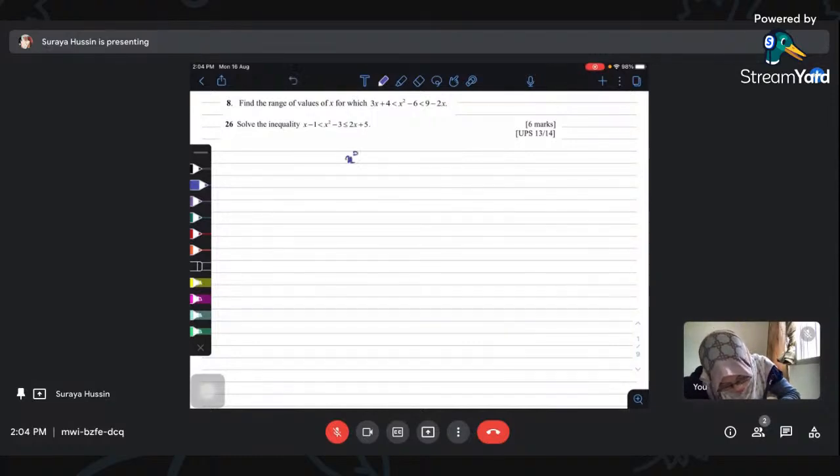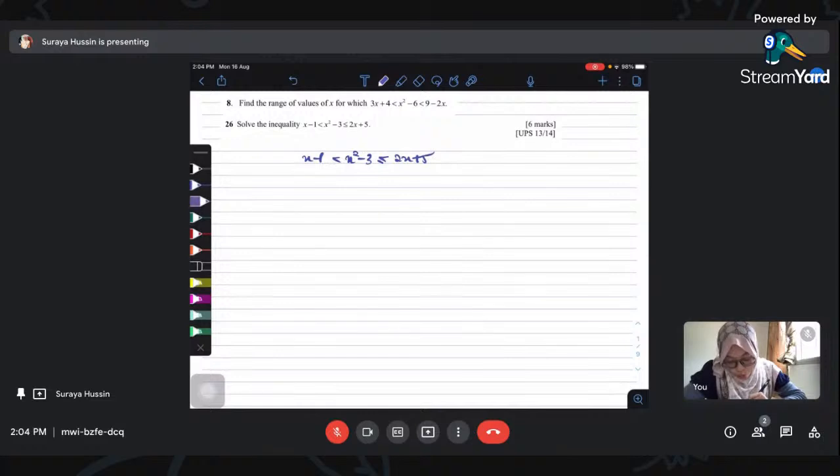Saya salin dulu soalan dia ya. Okay, soalan berbentuk begini sebenarnya banyak terdapat di dalam subtopik yang ketiga, 2.3 absolute value. Tapi dia tak adalah sebiji sama dengan soalan ini.